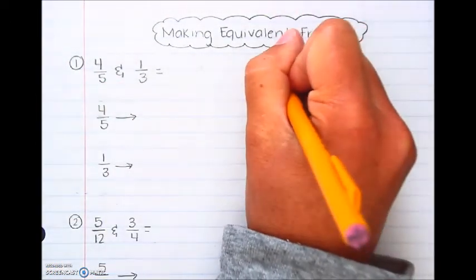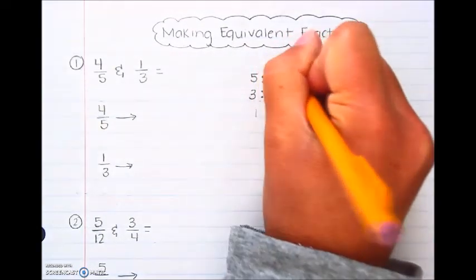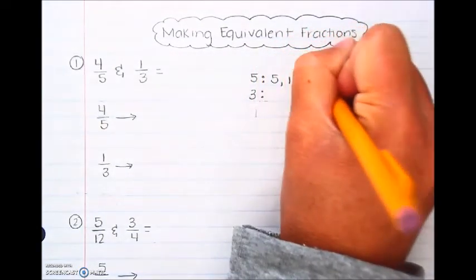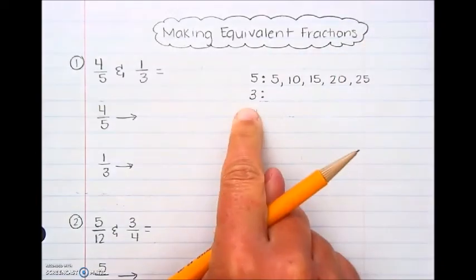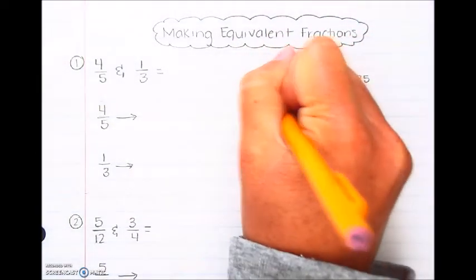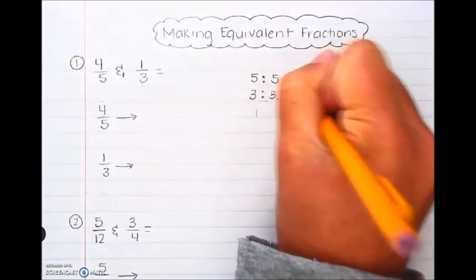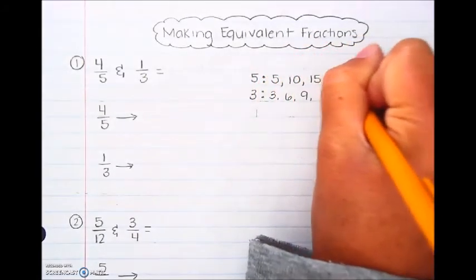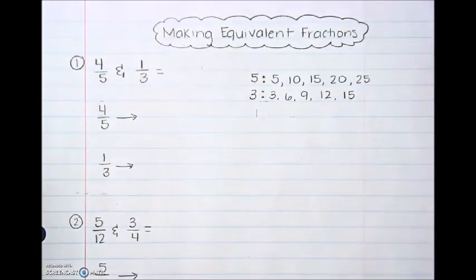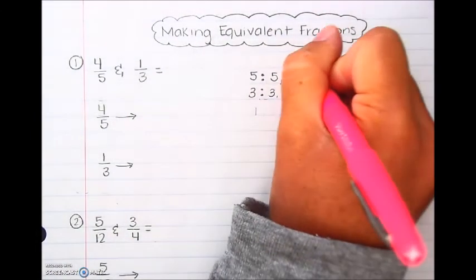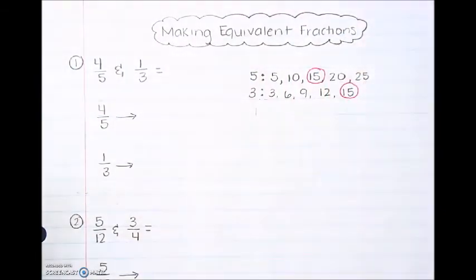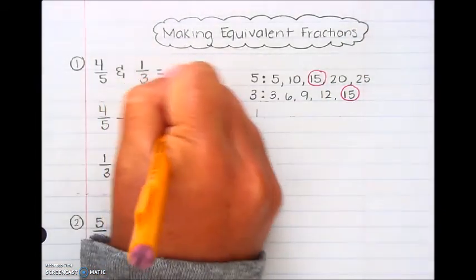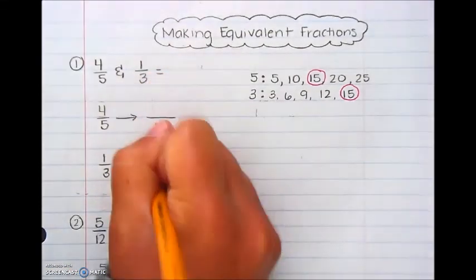So my first 5 multiples of 5 are 5, 10, 15, 20, and 25. And my first 5 multiples of 3 are 3, 6, 9, 12, and 15. I recognize that on that list, both share 15 as a common multiple. So my common denominator for these two numbers is going to be 15.